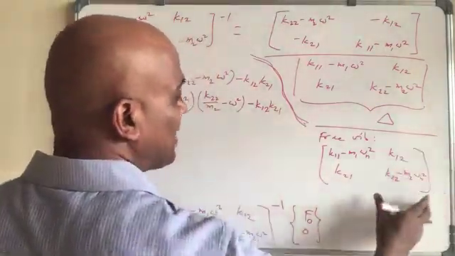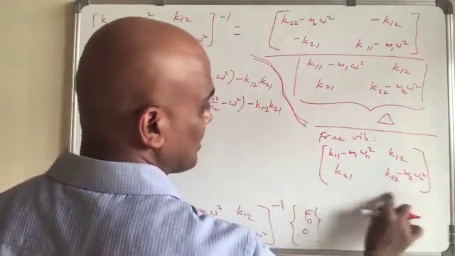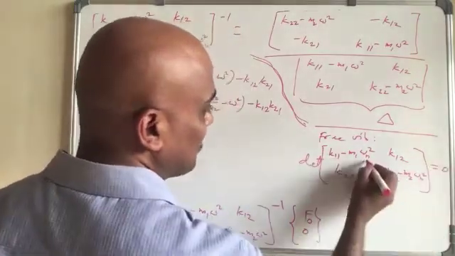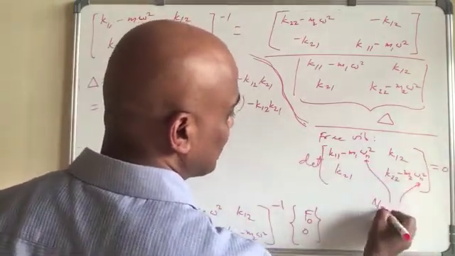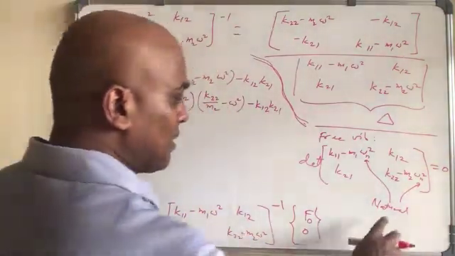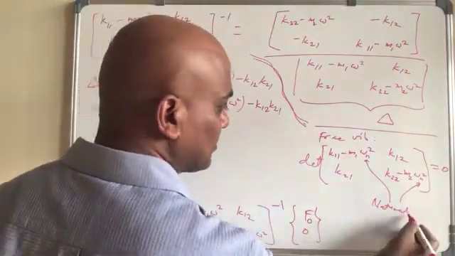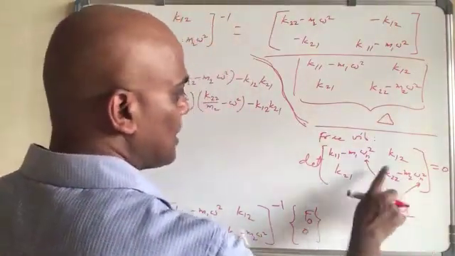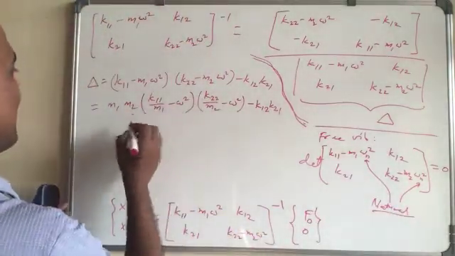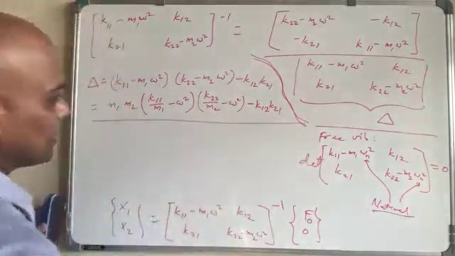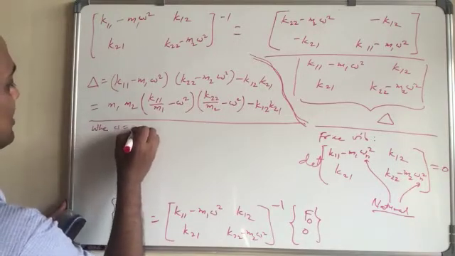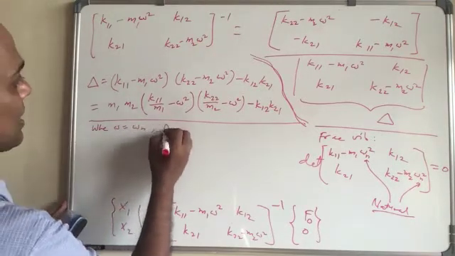Because of that, the determinant of that has to be equal to 0 when we have the natural frequency. We have seen that yesterday, in the previous lecture. So if that is the case, then when omega equals omega n, delta is equal to 0.